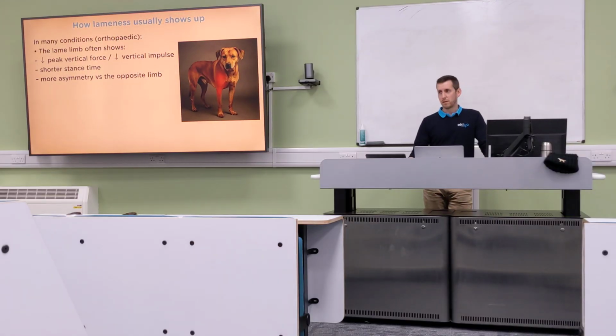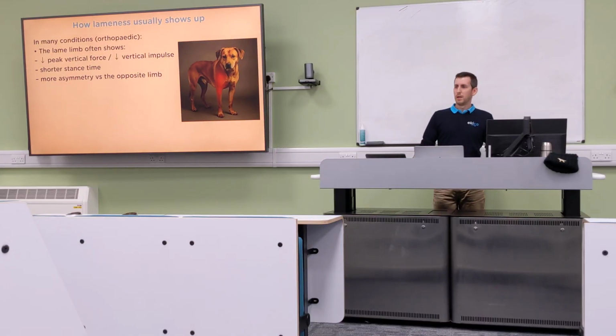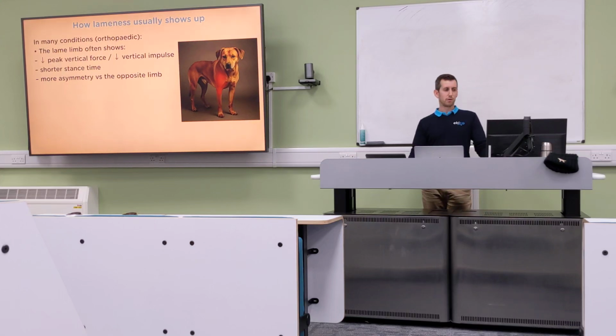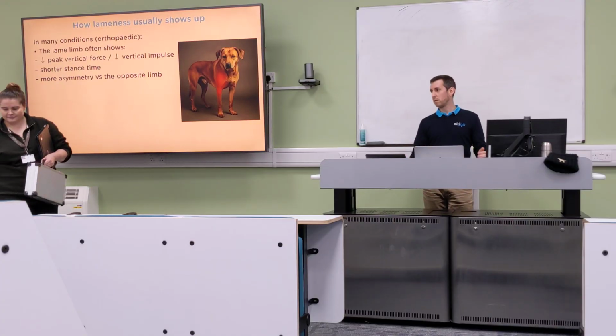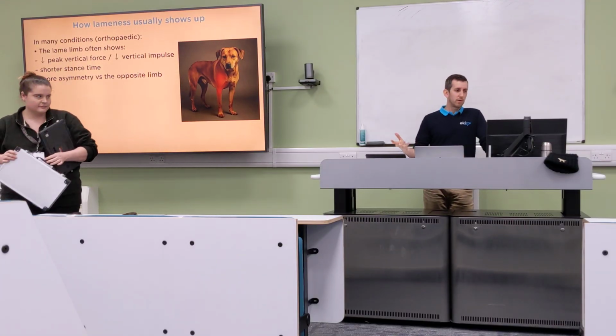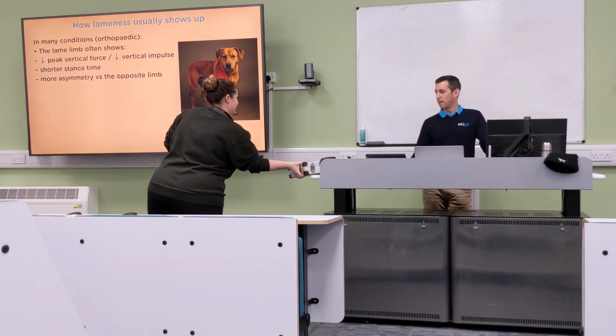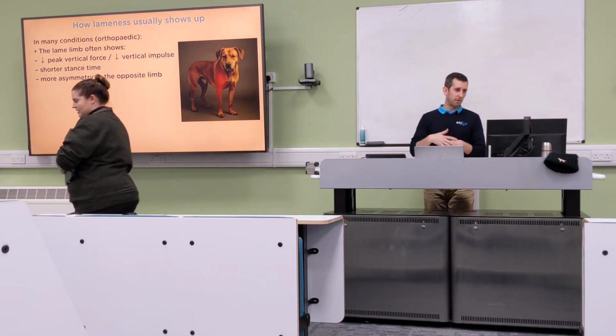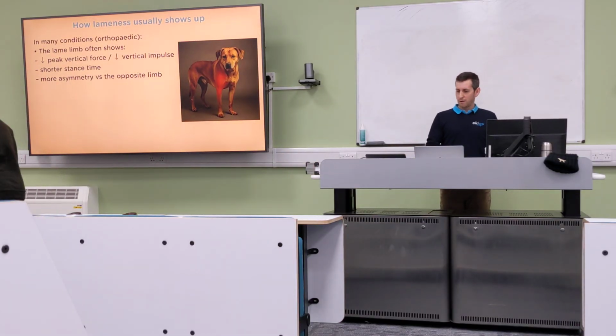Because usually, even for you, when you have pain on one leg or one foot, you will try to put less weight and stay shorter on this limb. So it is basically the same, and the number should reflect this reality. But this is not an absolute truth, and depending on the specific condition or the dog, it can react differently. So these are living animals, and they have multiple things that can affect this pattern.